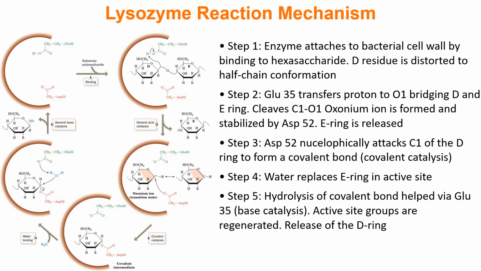Are they both negative? And the answer to that is no, they're not both negative, right? Glutamic acid 35 is neutral. There's no negative charge. So this mechanism already starts out a little weird. Glu is neutral already. It's not negative.